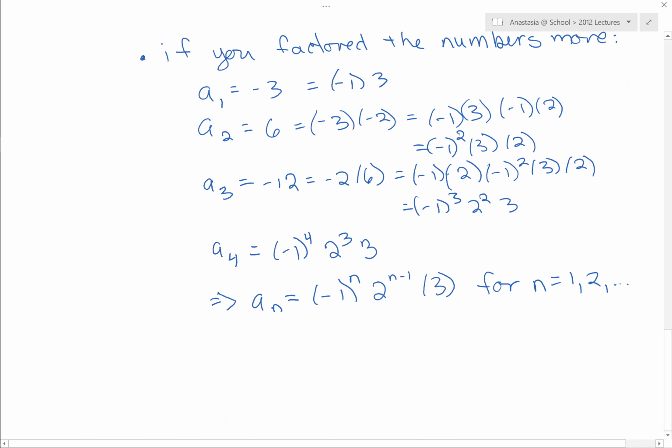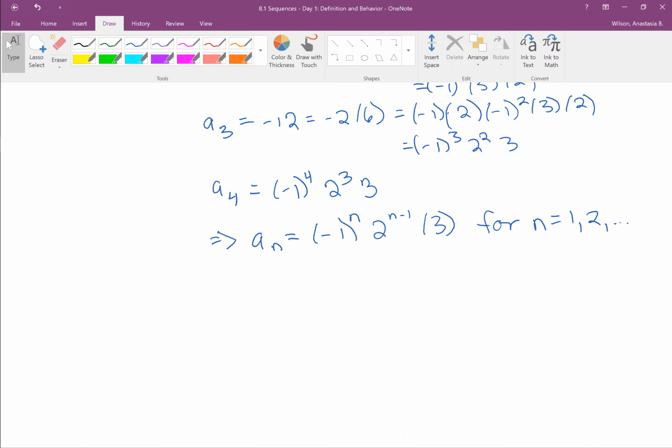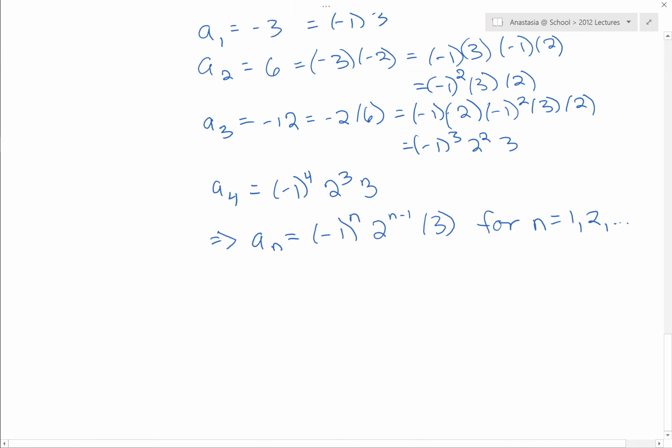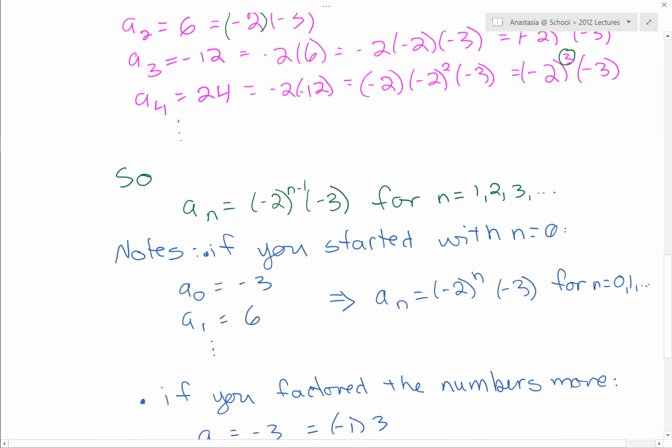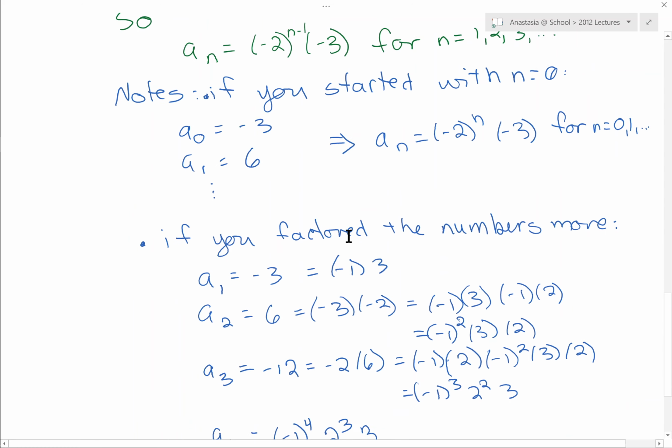We also need to, with any of these formulas, figure out what the 8th term is, because that has been asked of us with this problem. So I'm going to go back to my original formula. A sub n was -2 to the n minus 1 times -3.